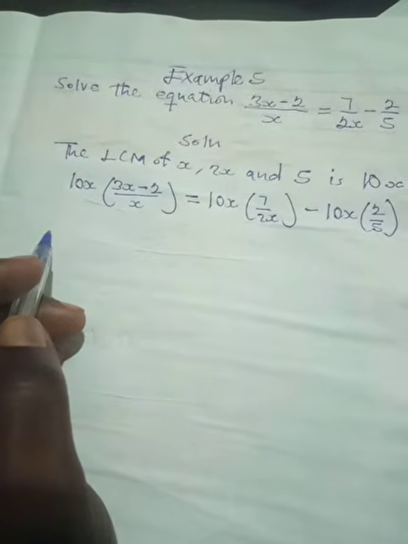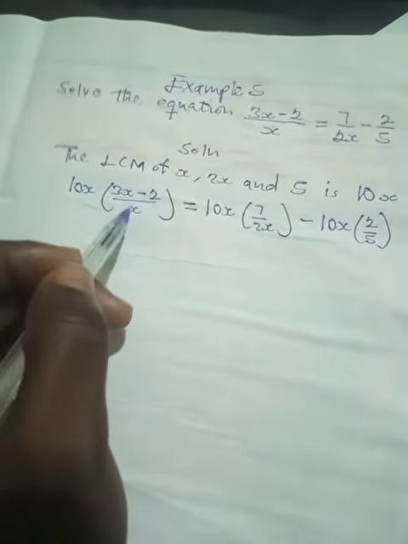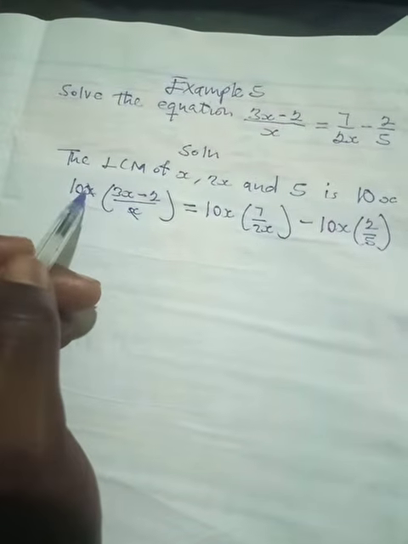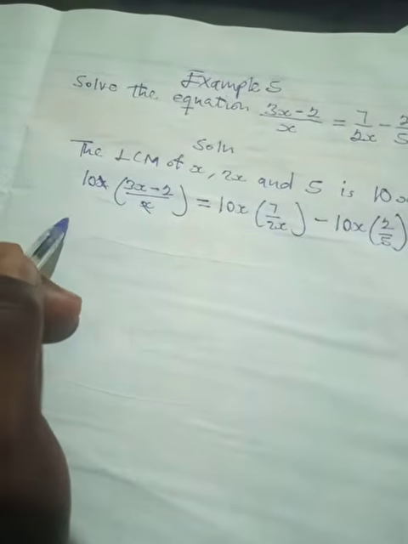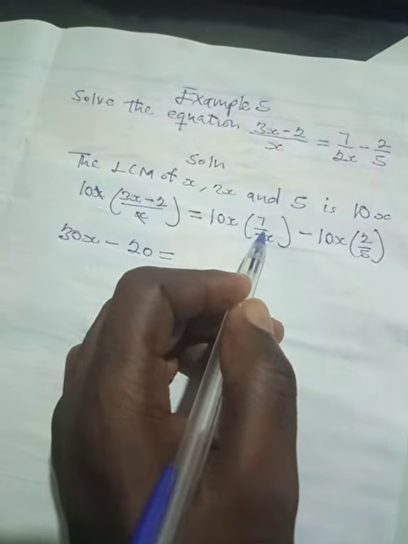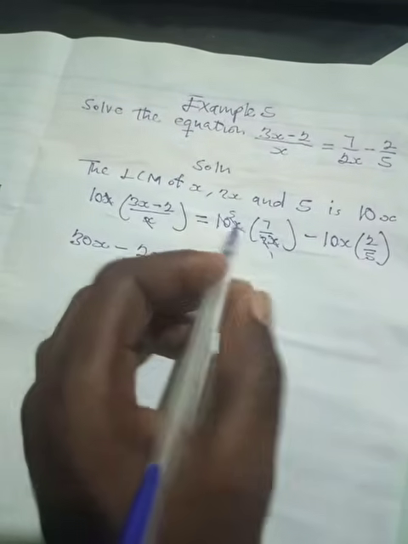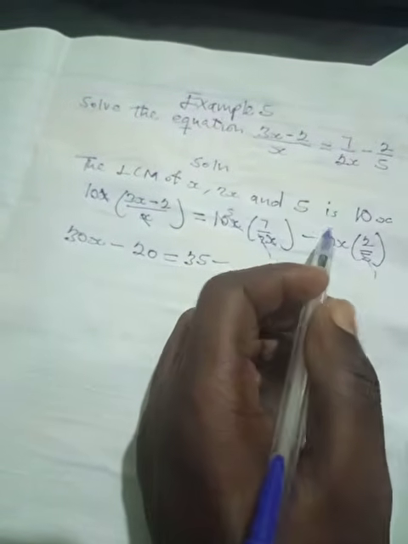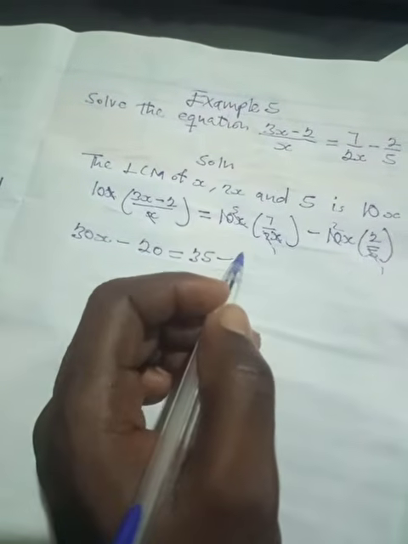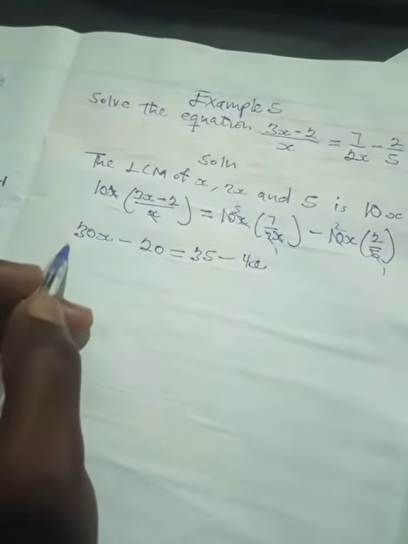The x here can cancel the x, so you get 30x, because 10 times 3 is 30, so 30x minus 20 equal to; the x will cancel the x, 2 goes into 10 five times, so 5 times 7 you get 35, minus; 5 goes into 10 two times, so negative 2 times 2, you get negative 4x, because x is here. Now you can group the like terms.